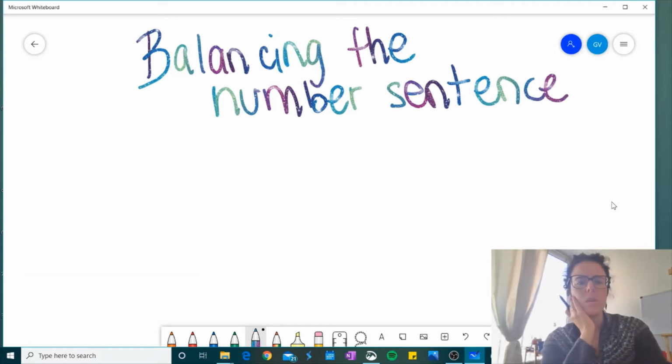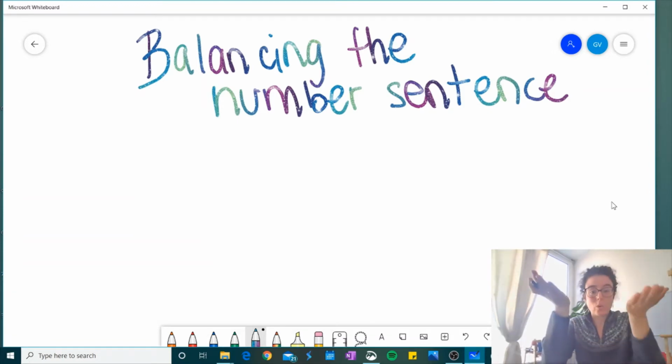What does it mean when something is balanced? What does it mean when we balance something? It means that it's equal on both sides, or it's the same on both sides.